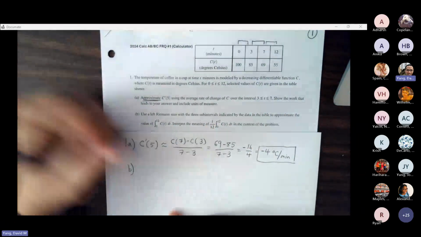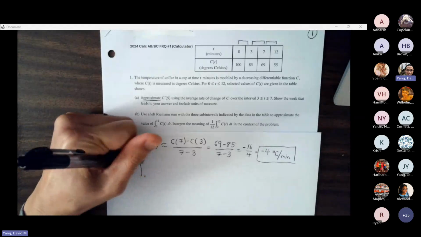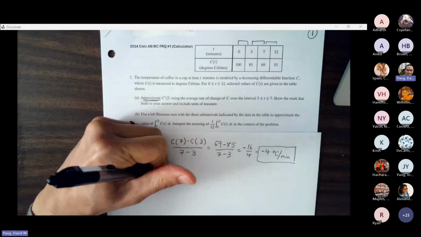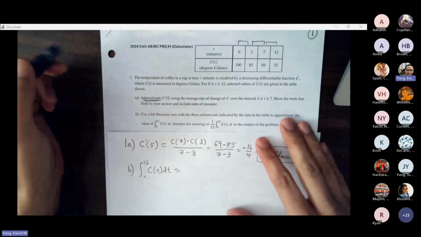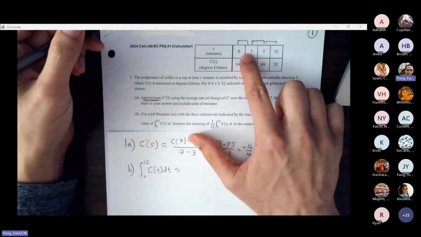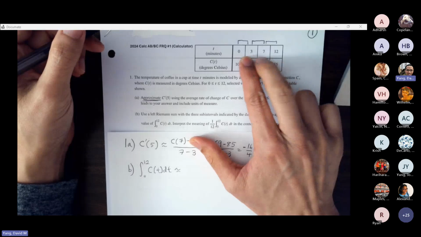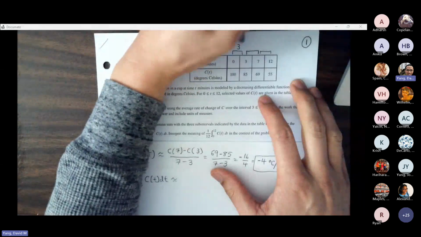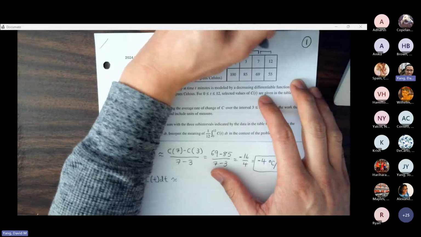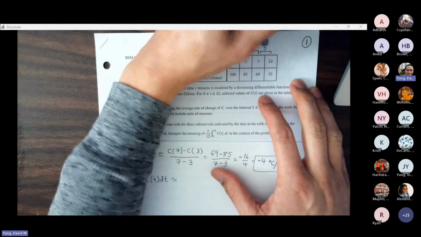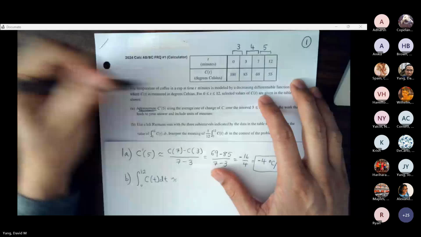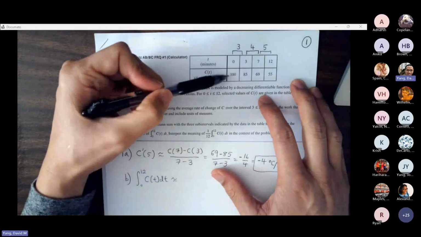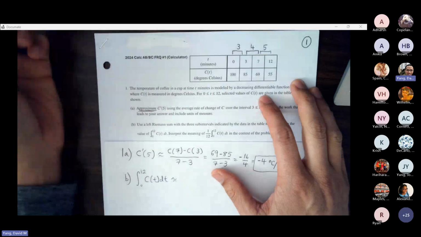So we'll start off with the definite integral from 0 to 12 of C of t dt, which can be approximated using 3 rectangles. If I subtract the minutes in each interval, that will give me the width of each rectangle. So 3 minus 0 is 3, 7 minus 3 is 4, 12 minus 7 is 5. Width times height: the width of my first rectangle is 3, and the height is 100.